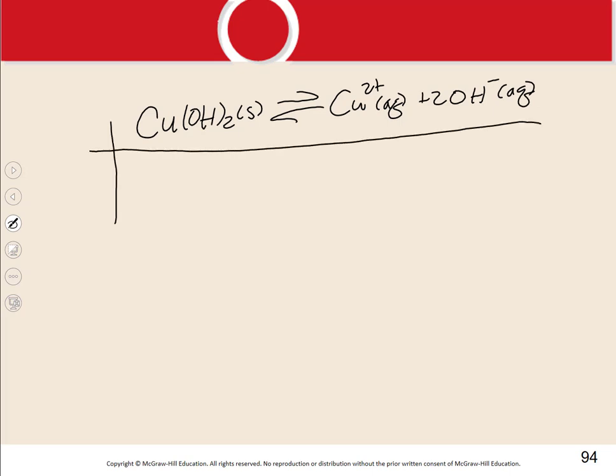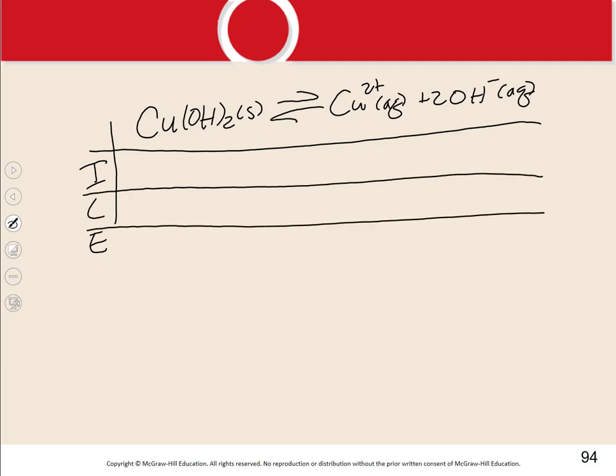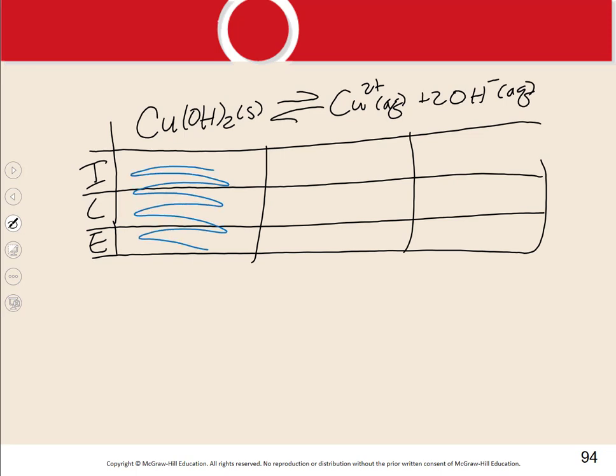We make our ICE table, and we're going to ignore our solid reactant, starting off with a 0 for both of our products.